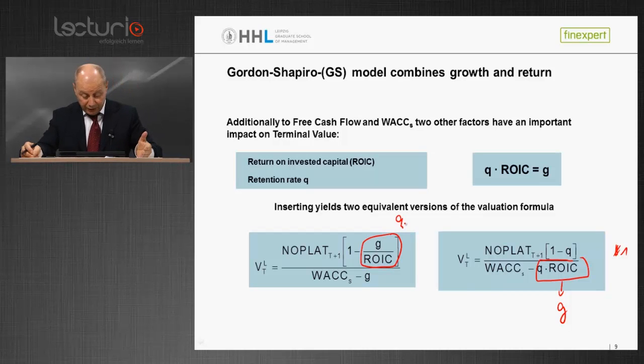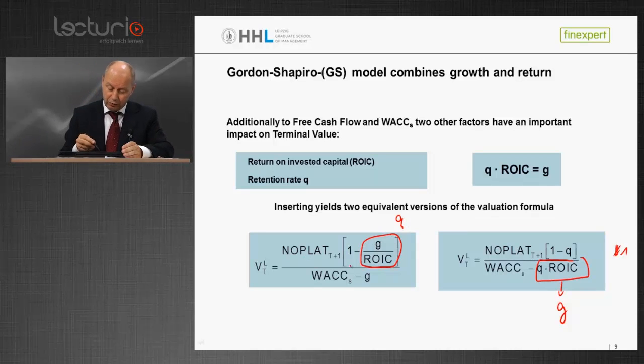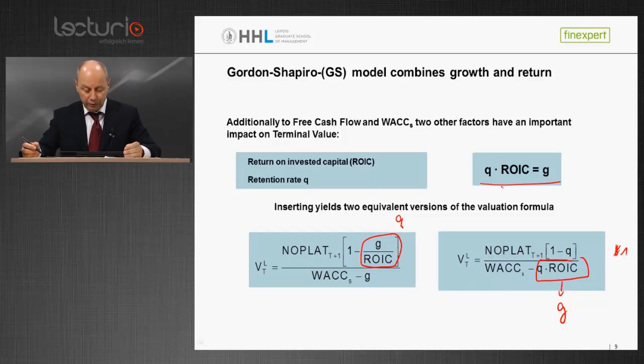Remember, still we look at the same equation. It still is free cash flow over WACC minus G. The first step was we replaced free cash flow by NOPLAT times 1 minus the retention rate. And the second step is we replace the retention rate by the ratio of G over ROIC to end up with our Gordon-Shapiro model. That was the first step.